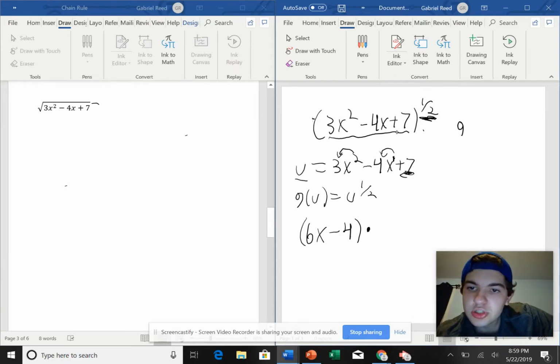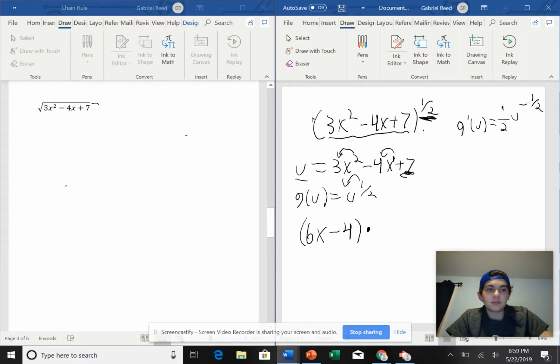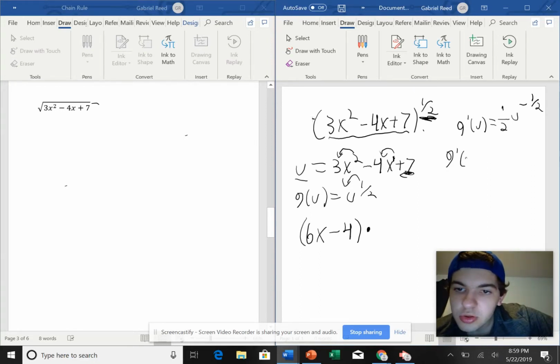So g prime of u, if we bring the 1/2 up here, we're going to have 1/2 u to the negative 1/2. And just like we learned from algebra, if we want to make a negative exponent positive, we just bring it to the denominator. So g prime of u also equals 1 over 2 times the square root of u.